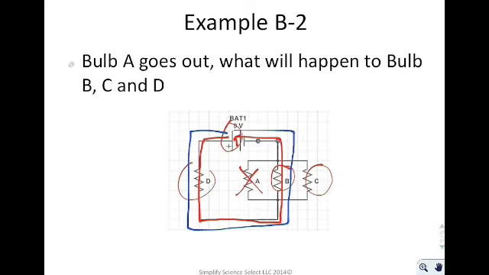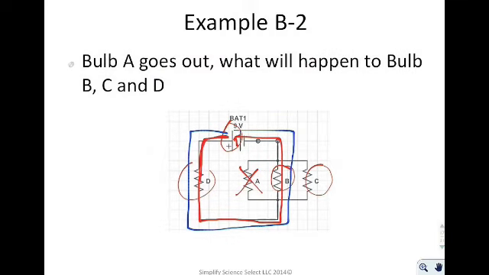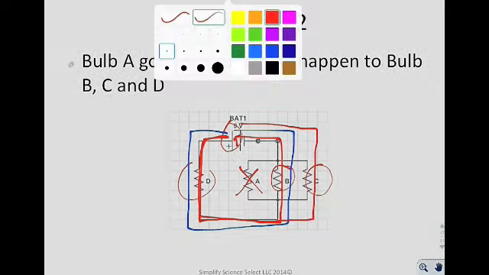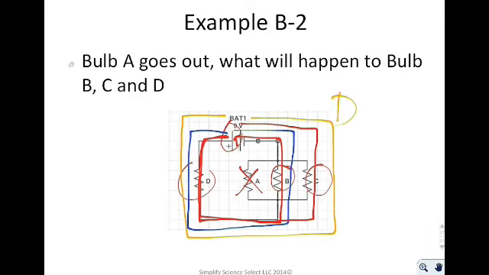If you look in this case, it's the same path for both D and B. You can also, if you were on D, go this way. But the last one you want to look at is C, and C can go this way, and it can go through the C path as well. So both D, B, and C have complete paths, therefore they will light up.